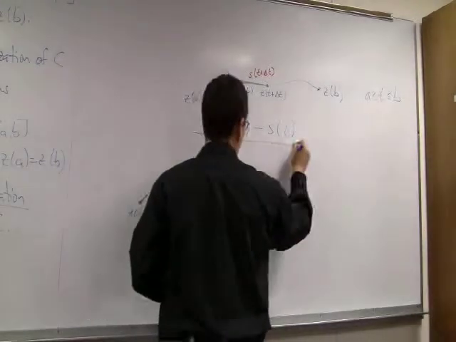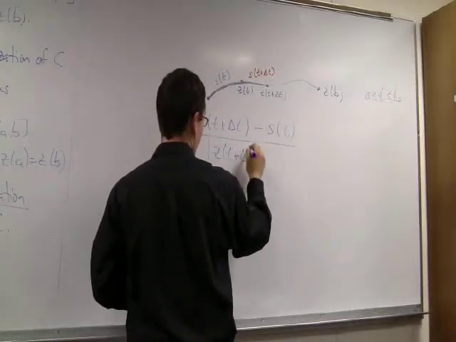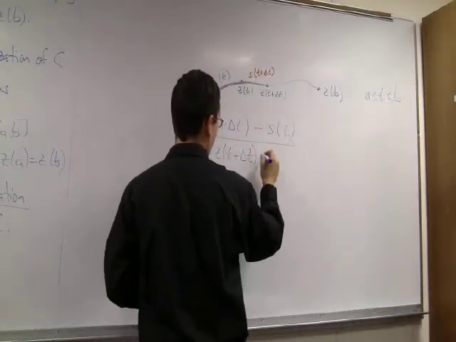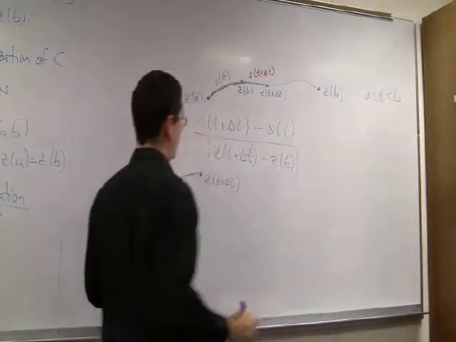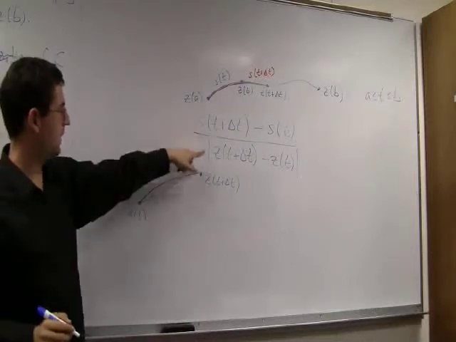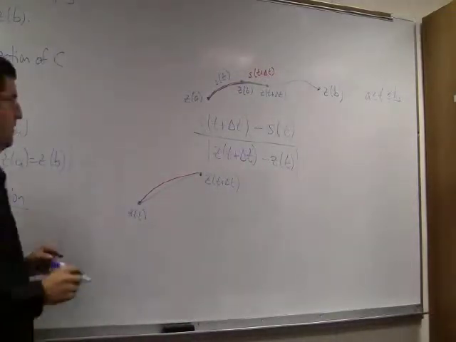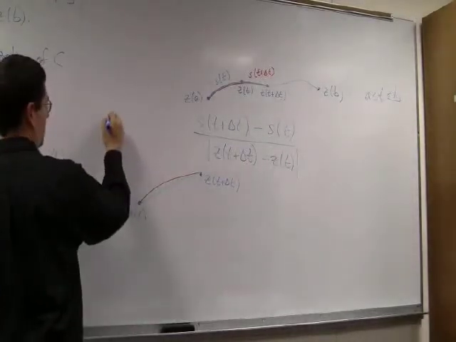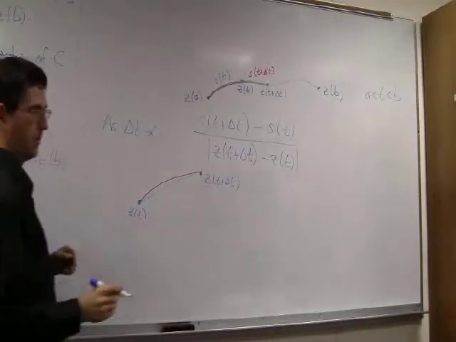Now, what happens if I consider the quotient, this one divided by this one, as delta t goes to 0?